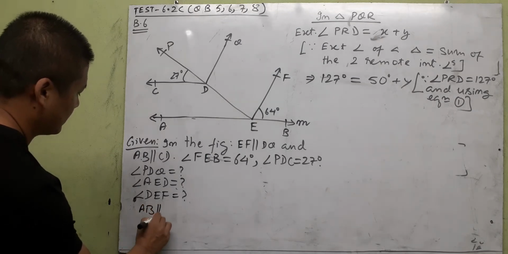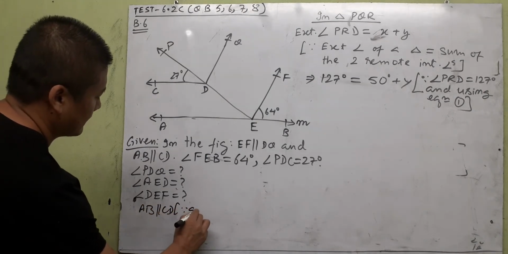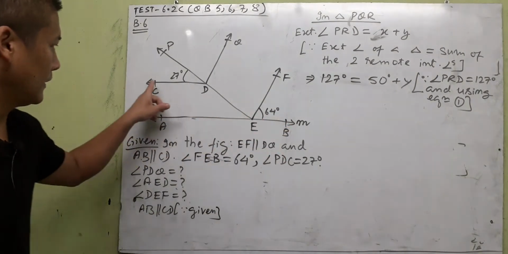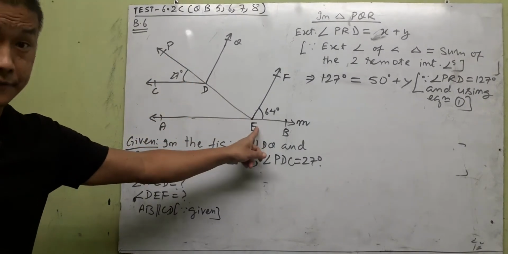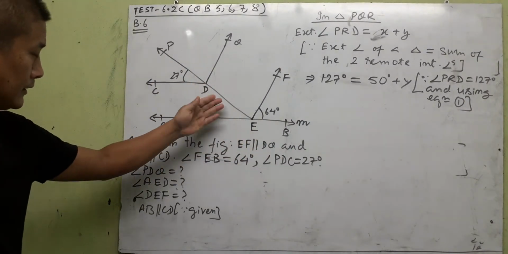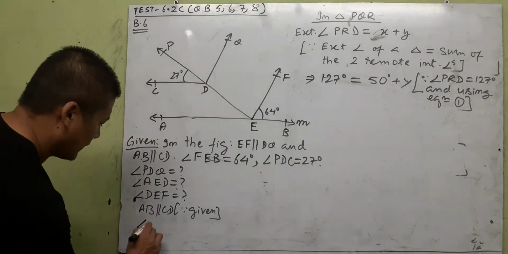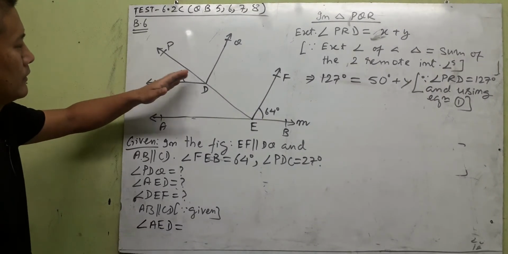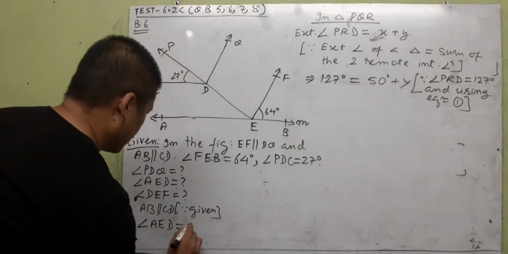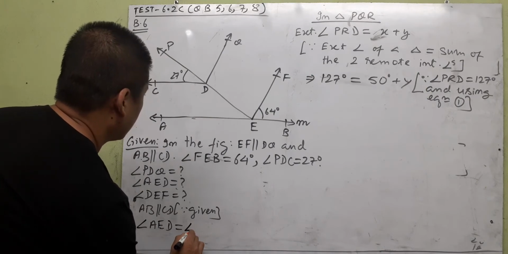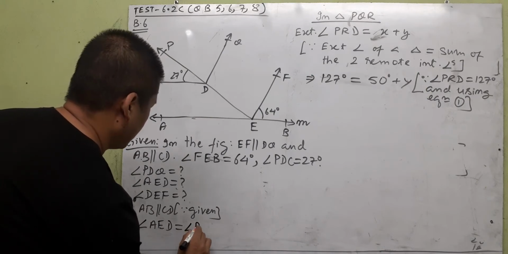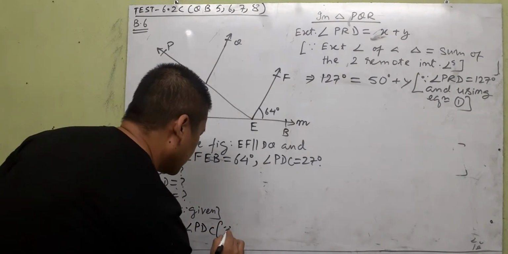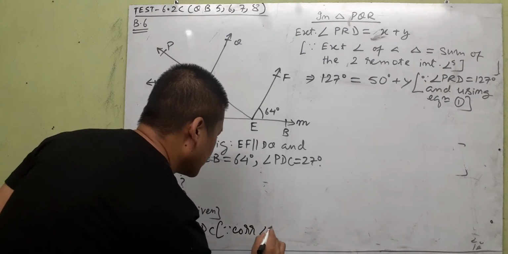AB is parallel to CD. Let us use that since it is given to us. Here, this line AB is parallel to CD, and if you consider this as a transversal, then angle AED, inside on the left of the transversal, will be equal to the angle inside up on the left side, angle PDC, because we know when two lines are parallel, the corresponding angles will be equal.